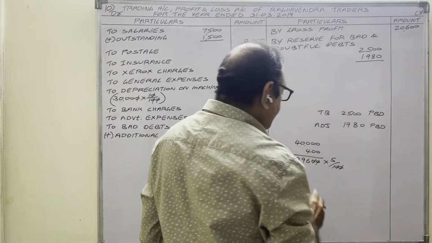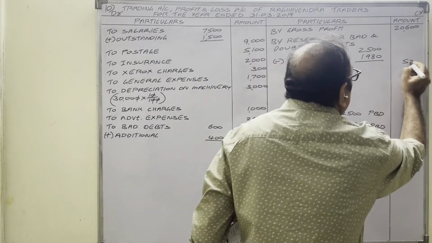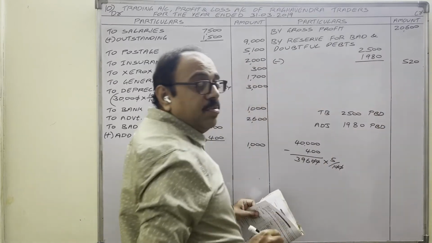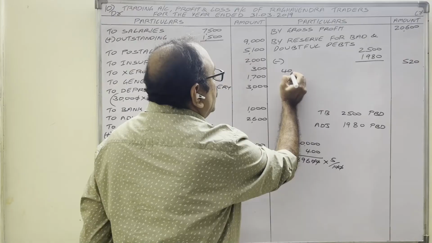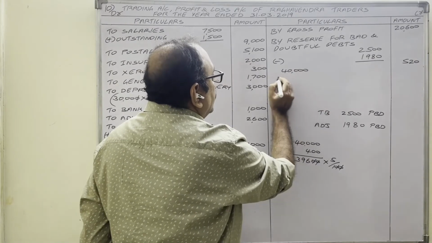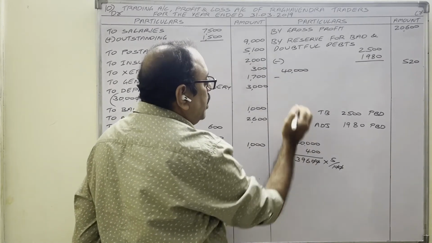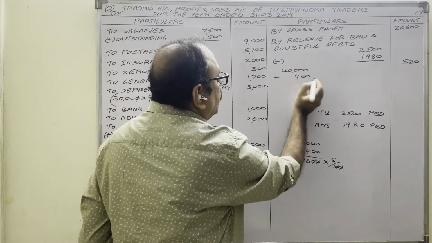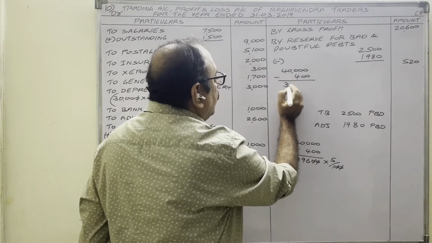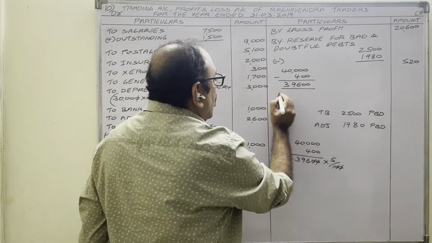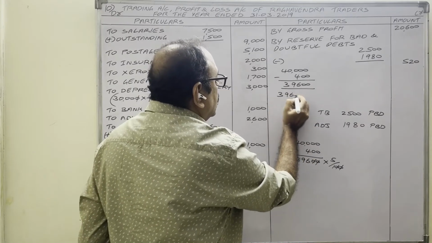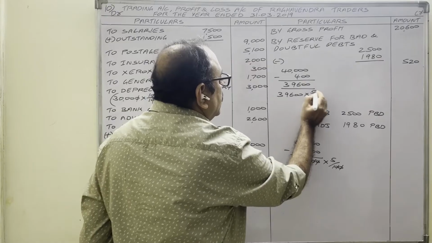In outer column, 520 rupees. And how this 1980 came? Show clearly here. Debtor value 40,000. From that, adjustment bad debts we have to subtract. Then the remaining value 39,600. On this 5%.